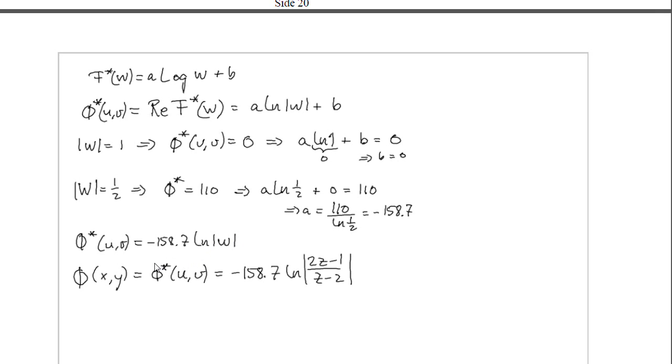And what we learned in the general theory is that the potential phi, which is the solution we are looking for, is just this phi star of u, v, where we replace u and v by the real part of the function f of z and the imaginary part of this function f of z.